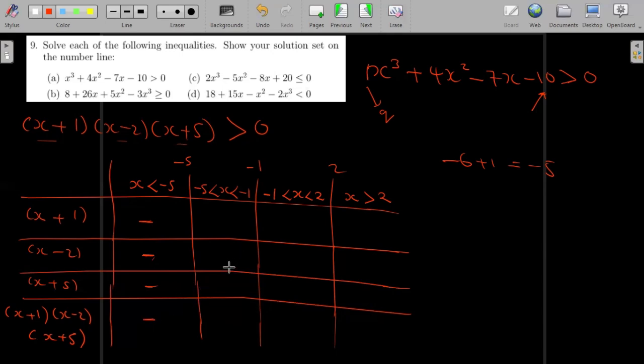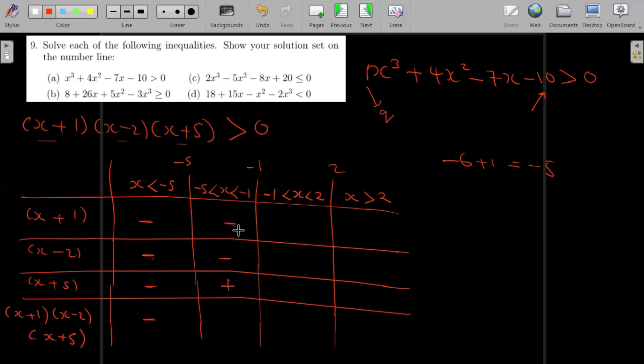Then you pick out values in between here. Choose whatever value. I choose -2. -2 there gives me a negative, -2 there I still get a negative, -2 here I get a positive.